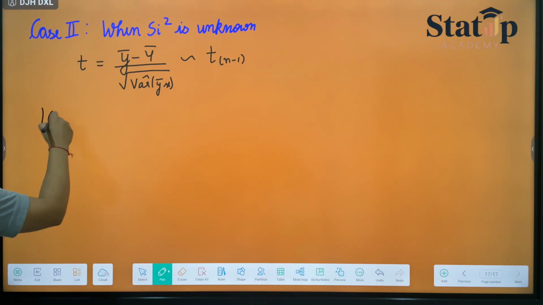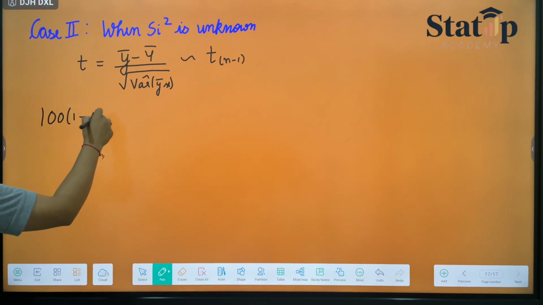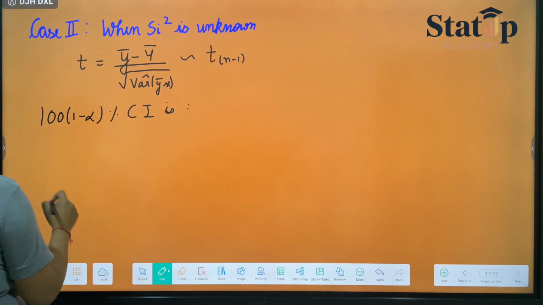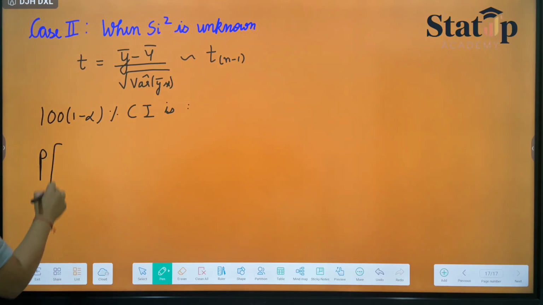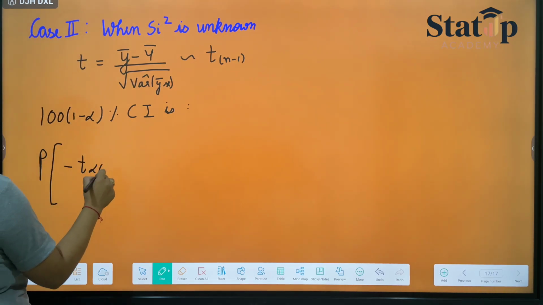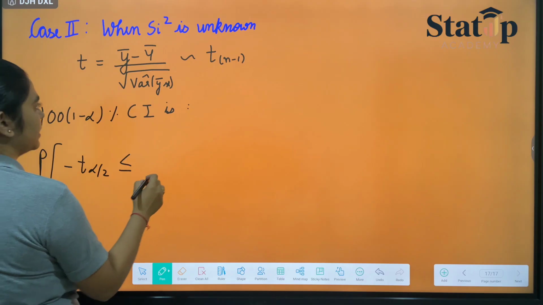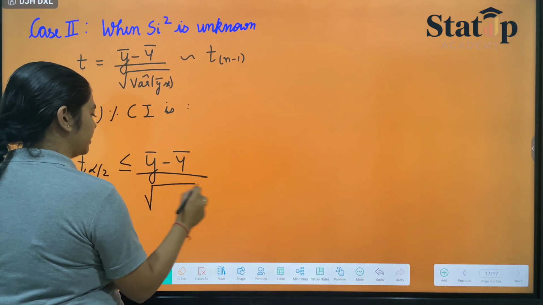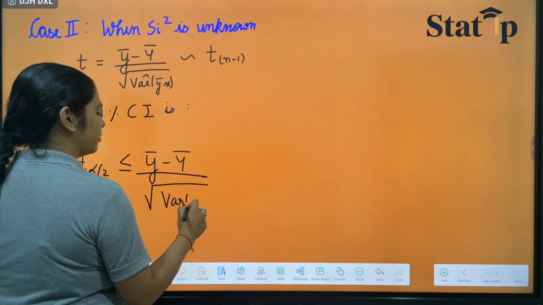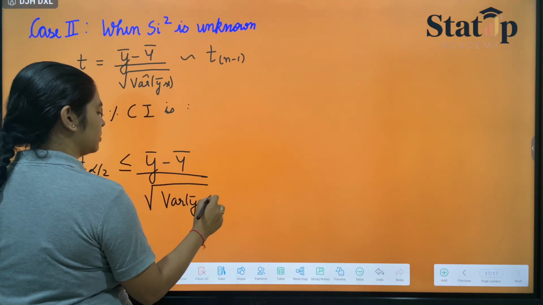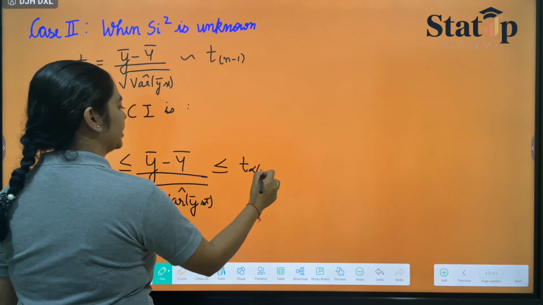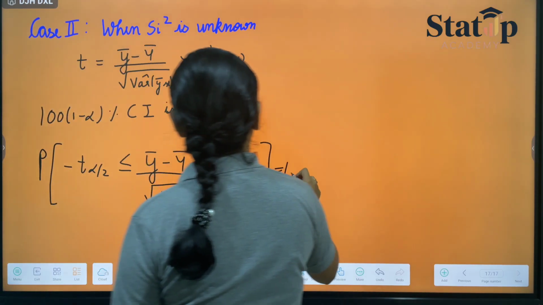Now here again the 100 into (1 minus alpha) percent confidence interval is given by probability of minus T alpha by 2 less than or equal to (Y bar minus capital Y bar) upon under root of variance of Y bar st cap, less than or equal to T alpha by 2, is equal to 1 minus alpha.